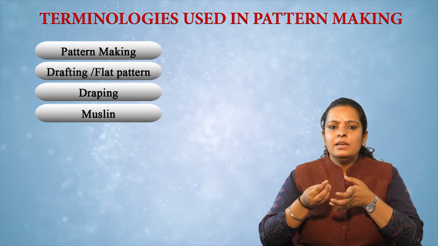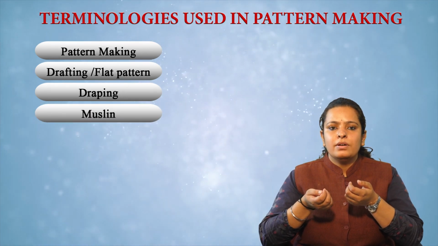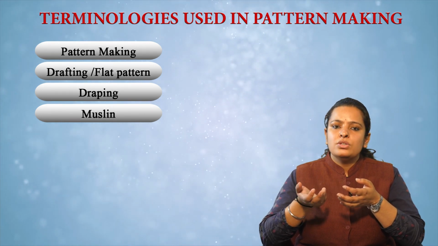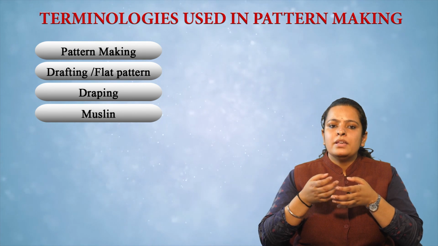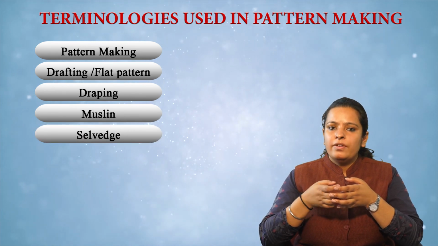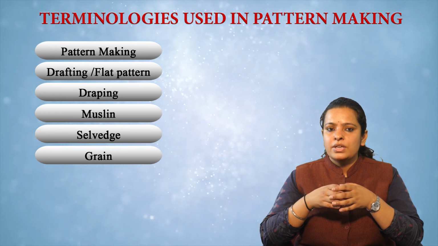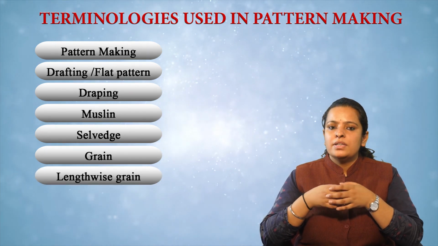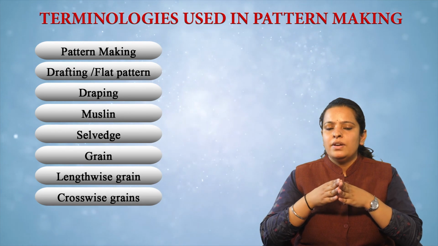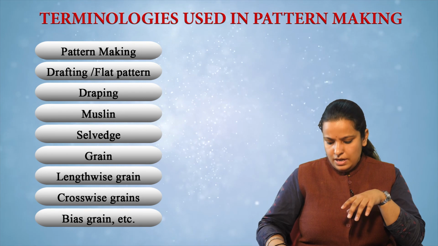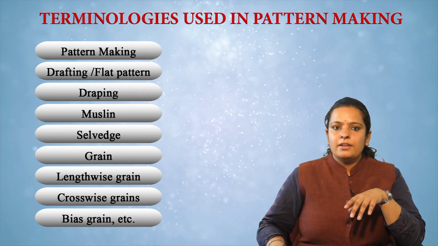Muslin cloth, you have seen, is a thin fabric made of cotton, used for pattern development. Selvage is the edge of the fabric, and grain is the direction of the fabric we are using. Lengthwise grain we have discussed, crosswise grain we have discussed, and the bias grain. So these are the basic terminologies we use in pattern making.